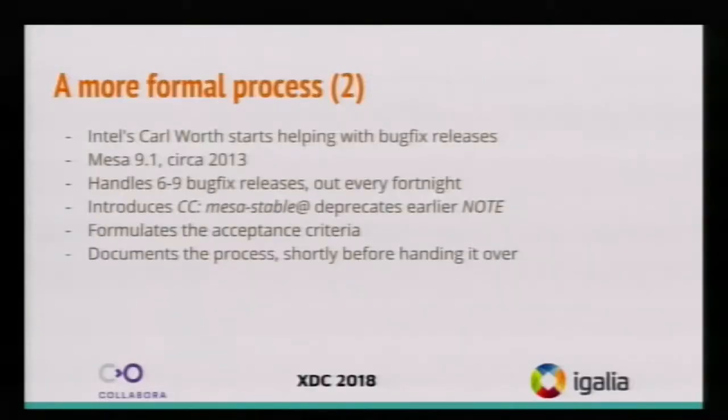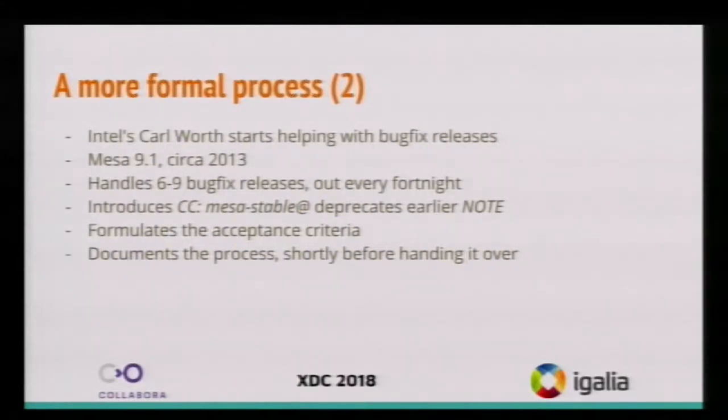Shortly afterwards, Carl Worth from Intel steps in to help improve the bug fix releases. He does that by, number one, ensuring the volume and the frequency of that. Two, introduces the Cc: mesa-stable tag and deprecates the earlier note.